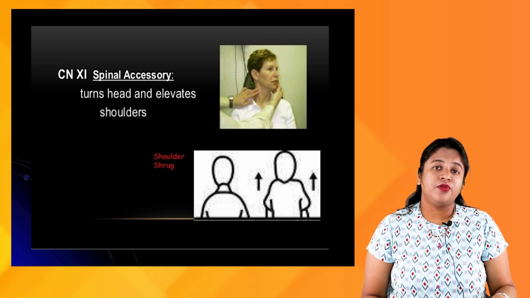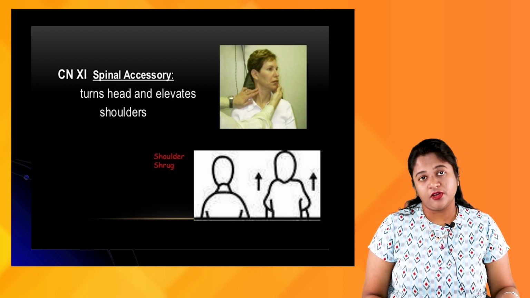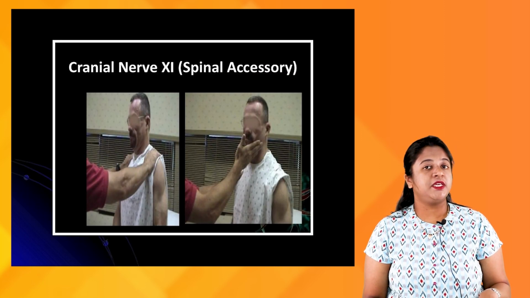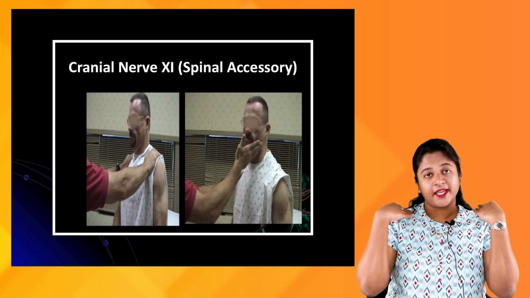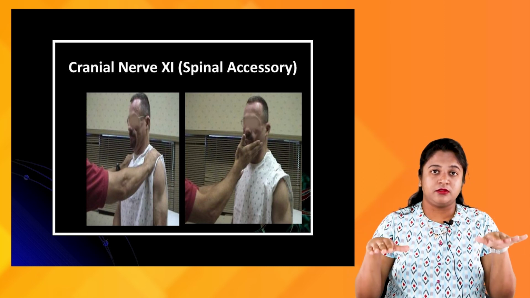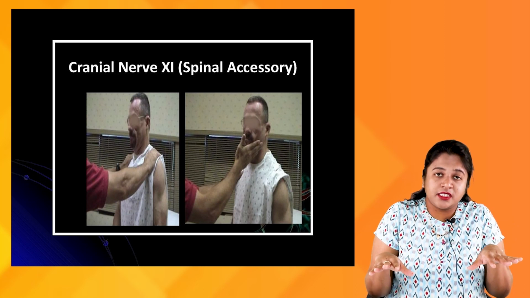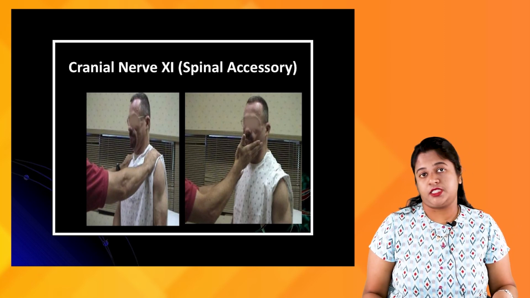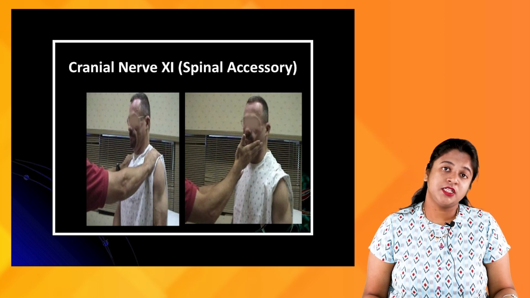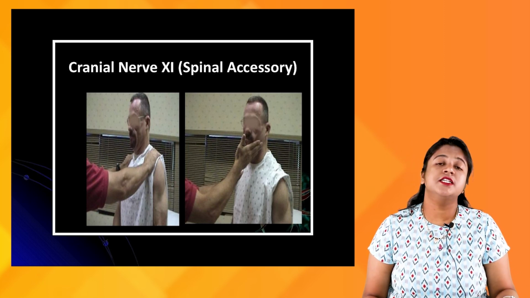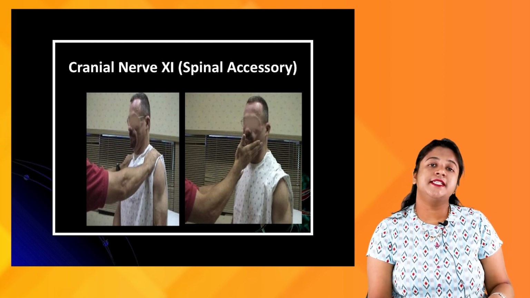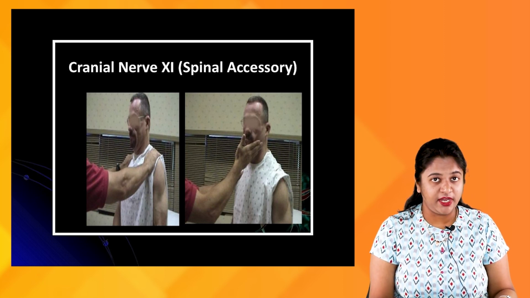That is what you're going to assess for the sternocleidomastoid muscle. So coming to the trapezius muscle assessment, you're going to again do a resistance against the shoulder. You will be asking the patient to raise the shoulder against your resistance. If the patient is able to do it, then we can say that the trapezius muscle is intact. So that is the assessment of the spinal accessory nerve.